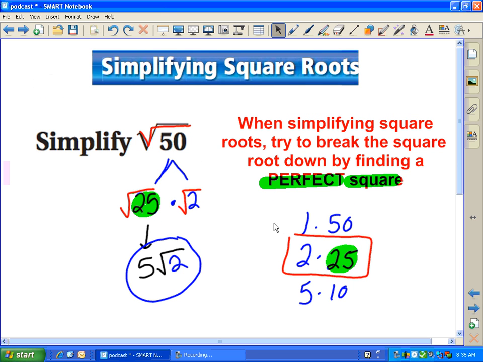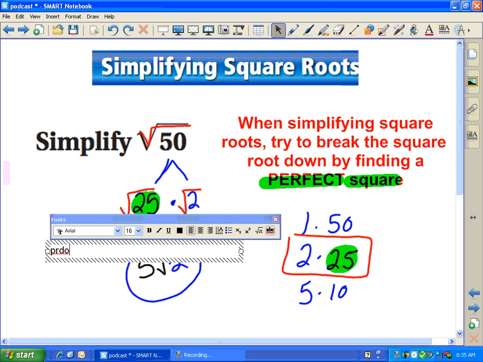If I went back to the example before I just did, this was multiplication. One of the vocabulary words for this lesson was product property of square roots.